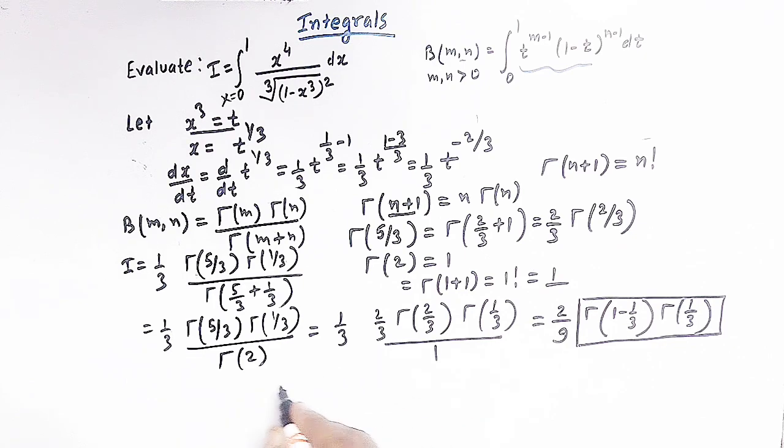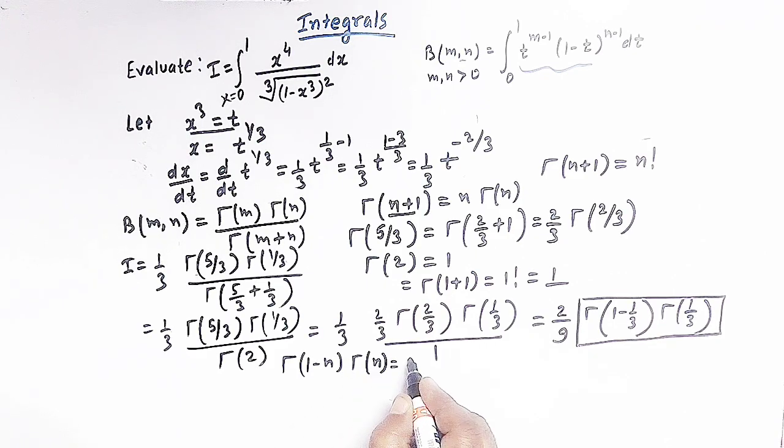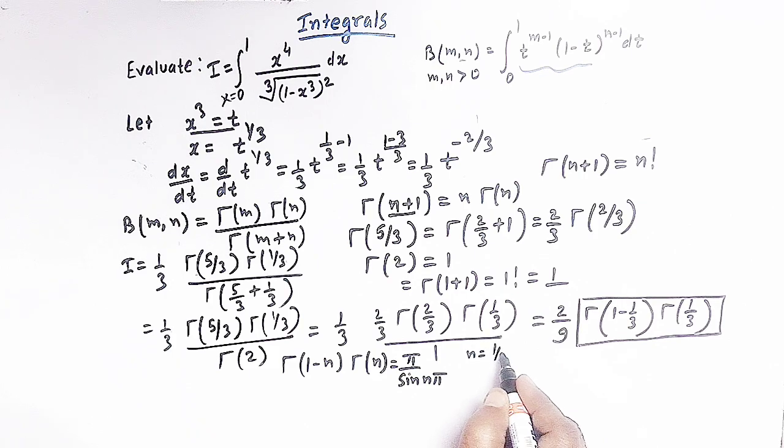So we know that from Euler's reflection formula, that is gamma 1 minus n times gamma n is equal to pi over sine n pi, right? So if we take n is equal to 1 over 3, then this left hand side it appears as 1 minus 1 over 3.